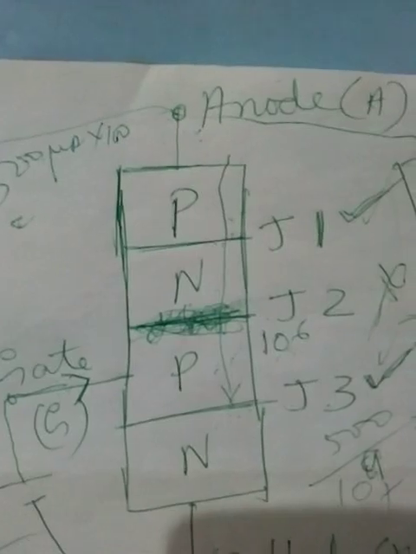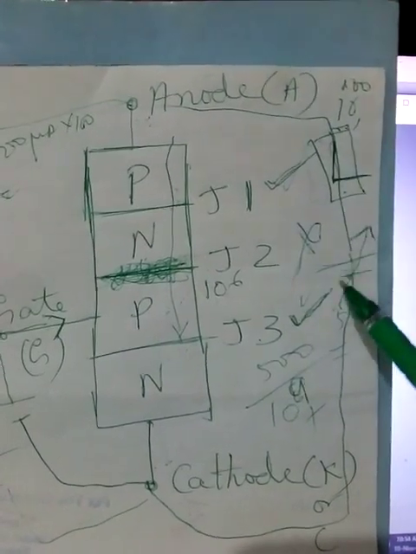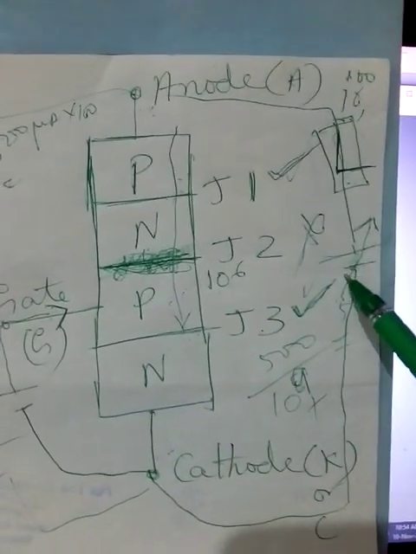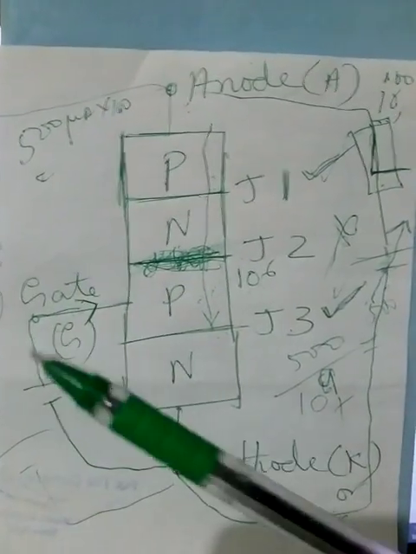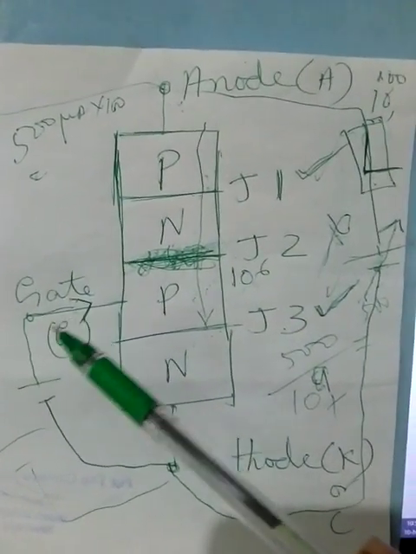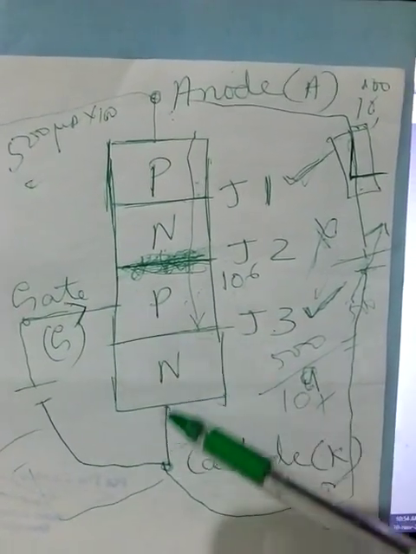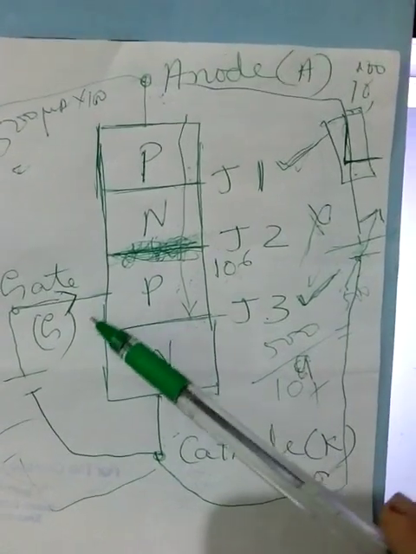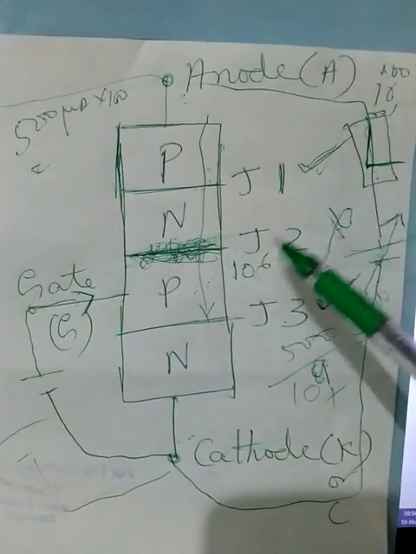Say the forward breakdown voltage of the SCR is 400 volts. Now with the gate open, the SCR needs 400 volts here. If you apply a small gate current, say some 5 milliamperes in this path, the SCR will conduct for say 300 volts.